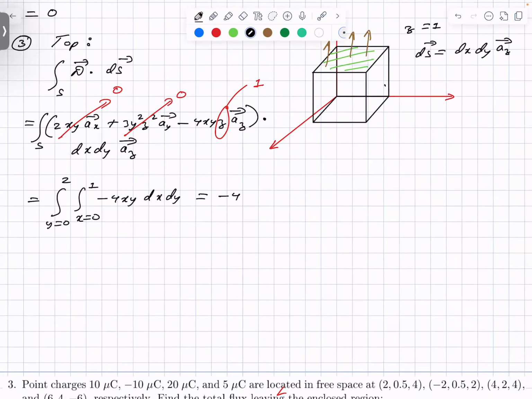So let's pull out that negative 4 and integrate with respect to x. We get x squared by 2. Integrate with respect to y, we get y squared by 2. x varies from 0 to 1. y varies from 0 to 2. And we get negative 4. Negative 4 coulomb.